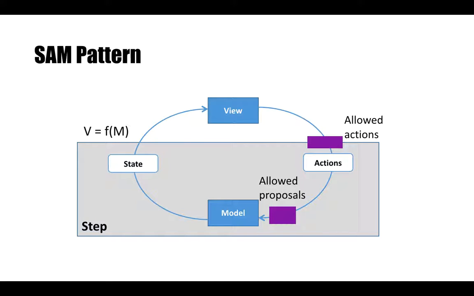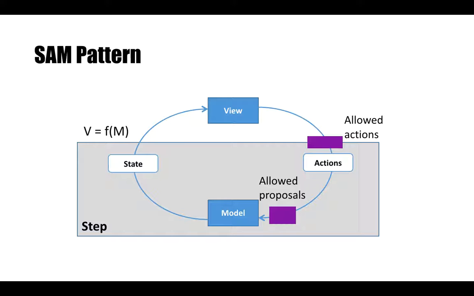And where SAM is very useful is that now it has a notion of step, and it can detect whether an action is allowed in a step. In other words, the state function, for instance, can produce the list of allowed actions, and at any given step, we'll be able to decide whether an action is allowed or not.